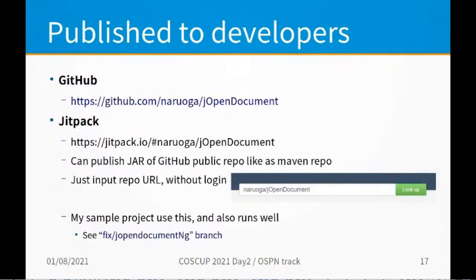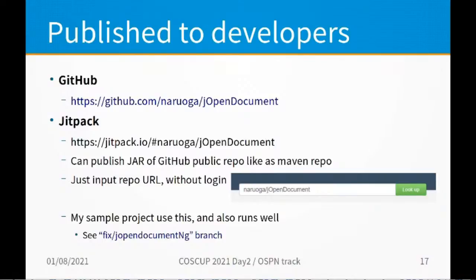And I want to publish to the developers. So in the GitHub repository here, and also JitPack. JitPack is a very powerful service. It can publish jars from a GitHub public repo like a Maven repository.